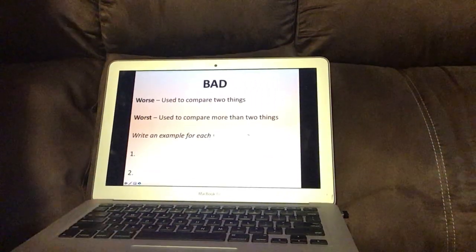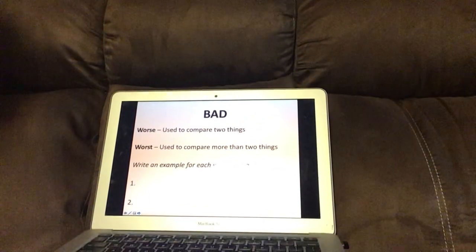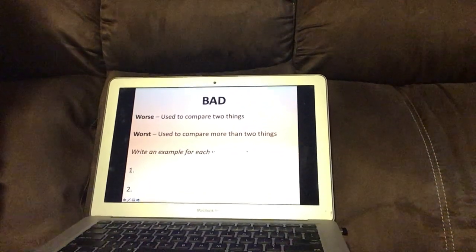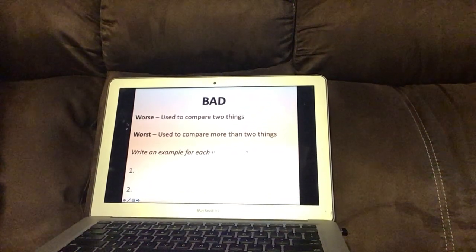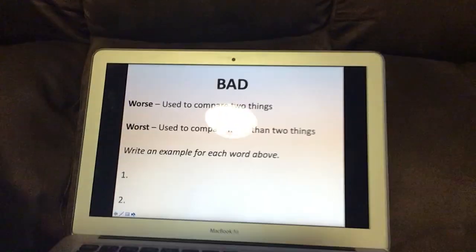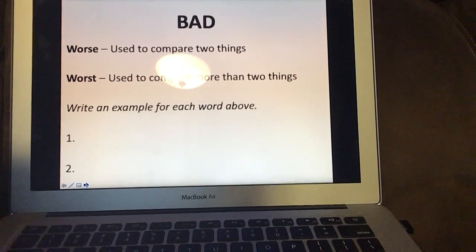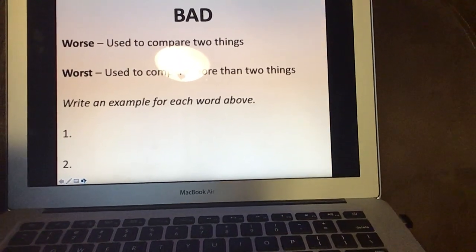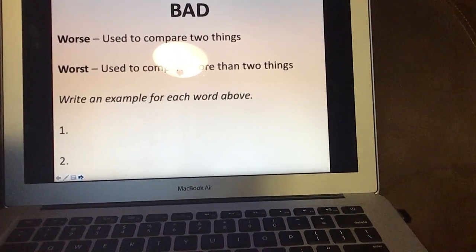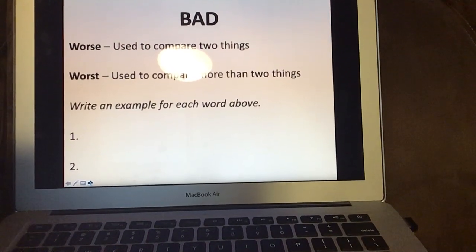All right, so in your language notebook, I want you to give me two examples using worse and worst in a sentence. Remember, worse used to compare two things, and worst used to compare more than two things. In your language notebook.